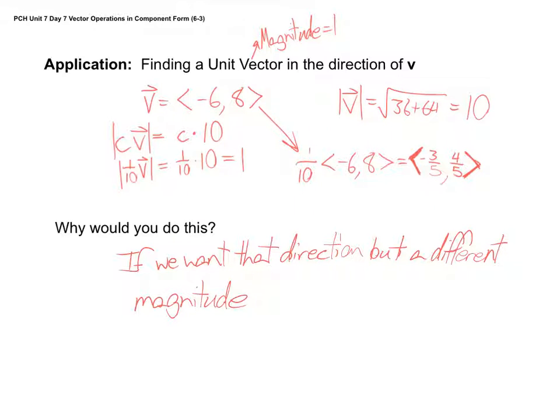We can do this all in one step. Oh, so after you get to 1. Yeah, after we get it to 1, then we can multiply it by what we want in order to get it there. Okay? You could do this all in one step.